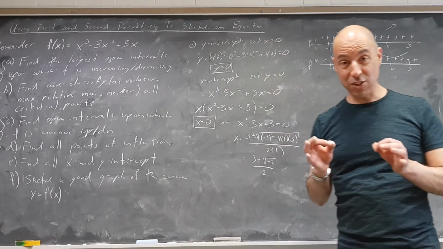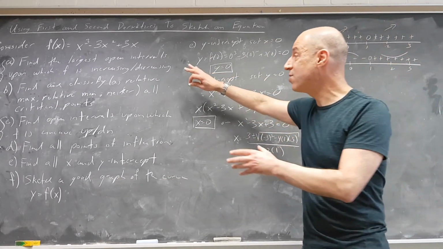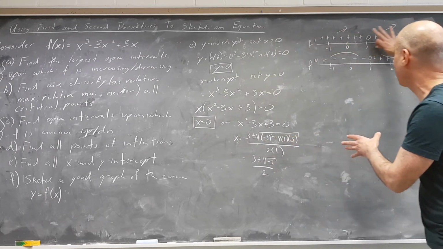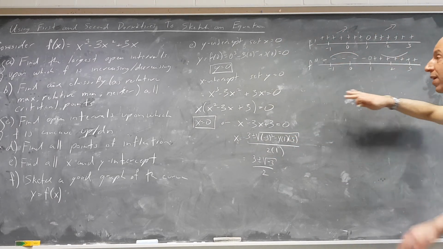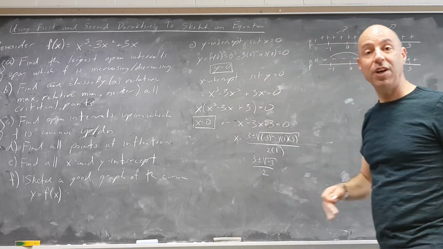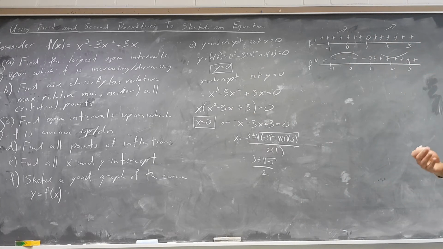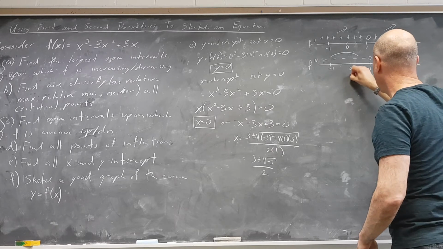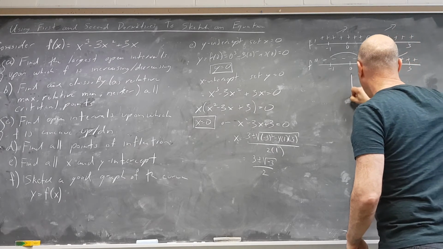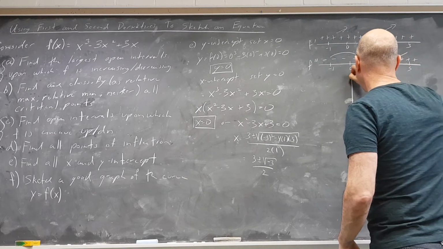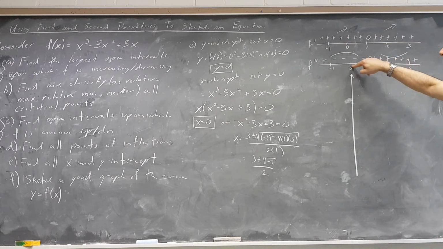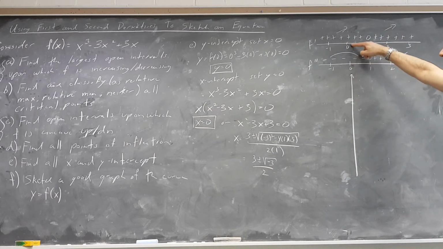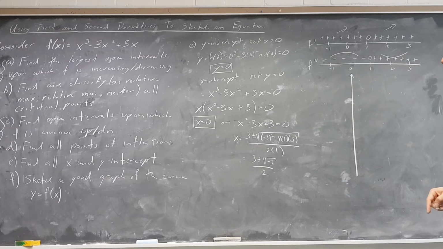And now we get to see this process by which we synthesize all this information we have about the first derivative and the second derivative and our intercepts in order to draw a good picture. So when I draw my axis, my y-axis goes right below the 0 on my two sign charts, the one for f prime and the one for f double prime.